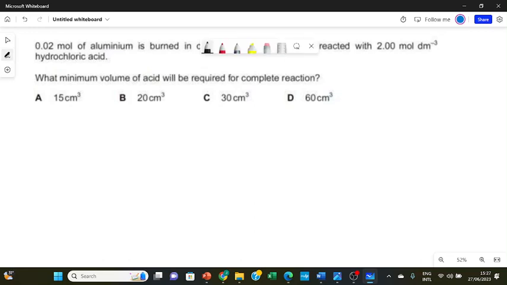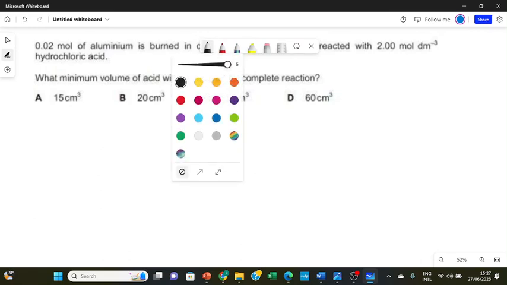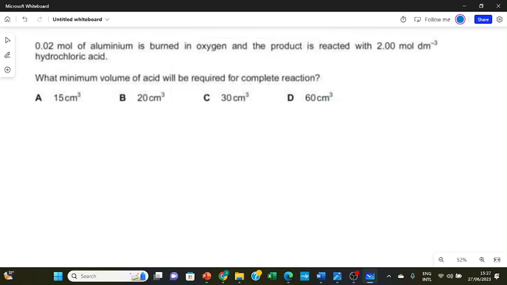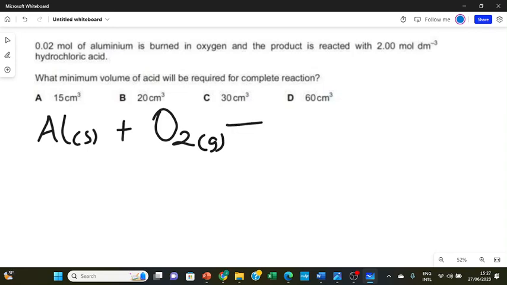So from the equation, aluminum, Al, solid, reacts with oxygen gas, and the product will be aluminum oxide, Al2O3, solid. We need to balance the equation.